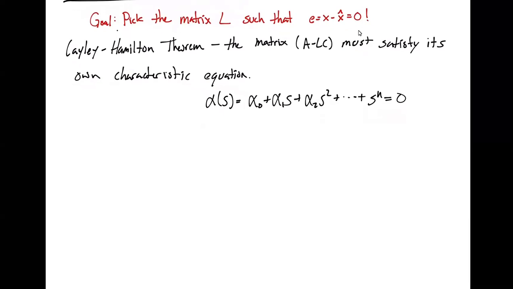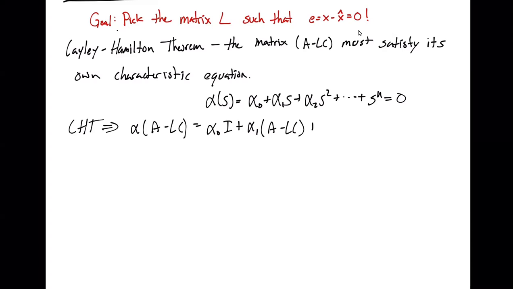So then because of the Cayley-Hamilton theorem, we have that alpha of A minus LC is equal to alpha 0, and I'm just plugging and chugging now, plus alpha 1 times A minus LC plus alpha 2 times A minus LC squared, all the way to alpha n times A minus LC to the n.